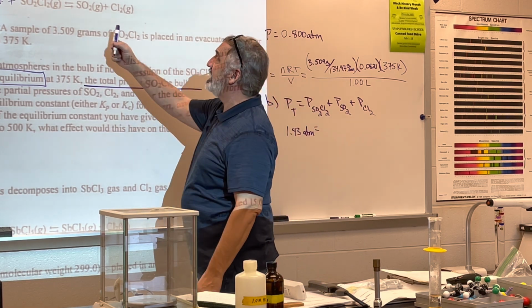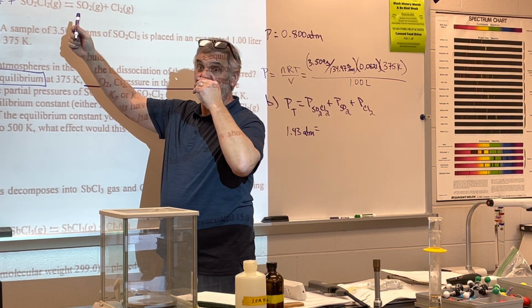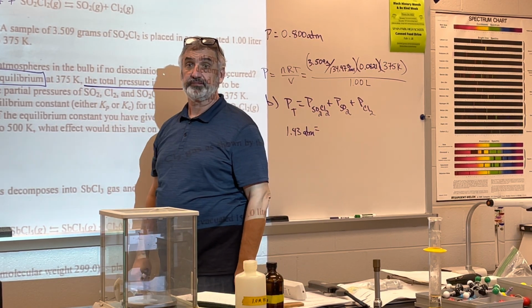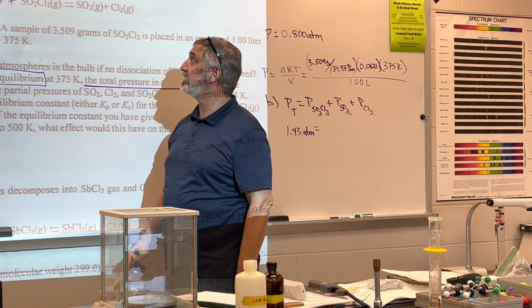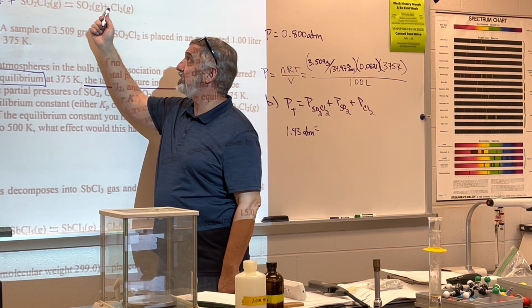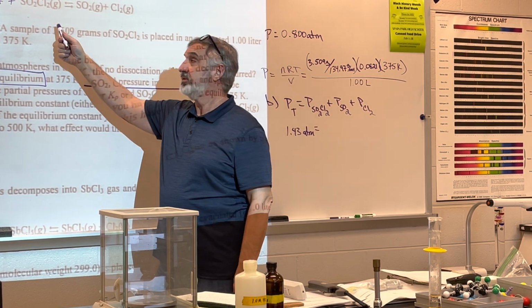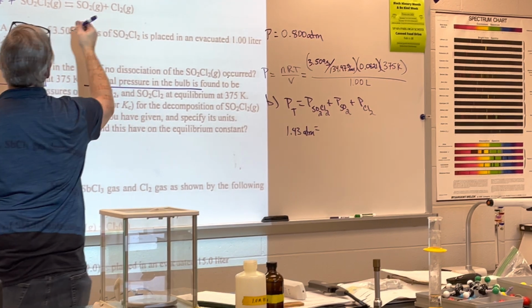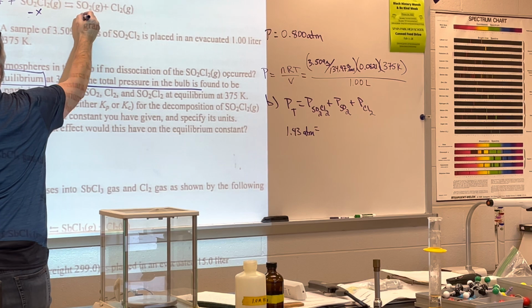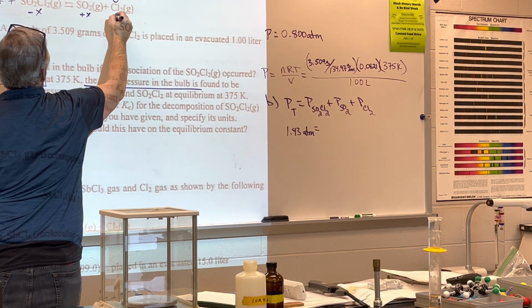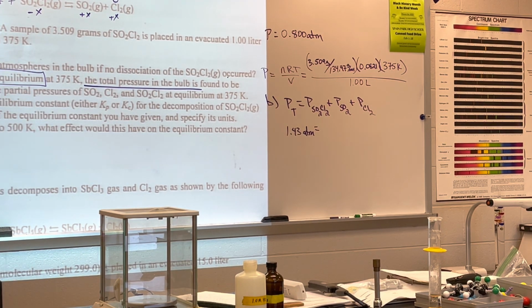But what do I know my change is going to be here? What's the relationship? 1 to 1 to 1. So however much of this is there, I'm going to get that amount because I have 0 and 0. Do y'all remember doing these at all?